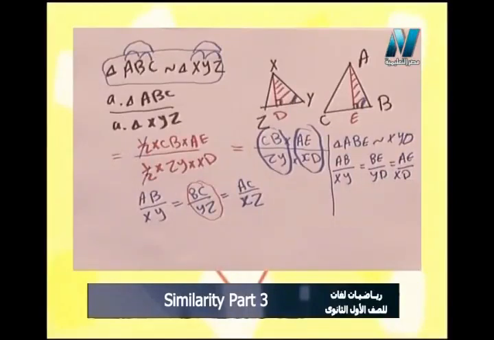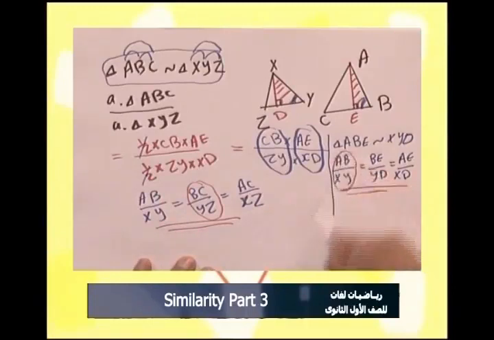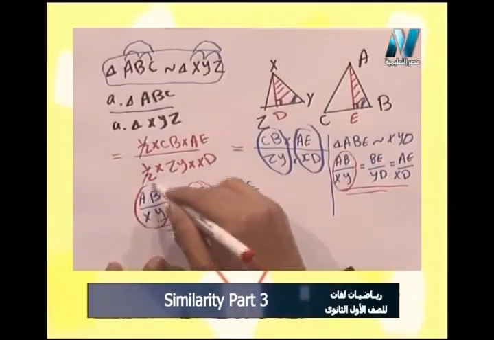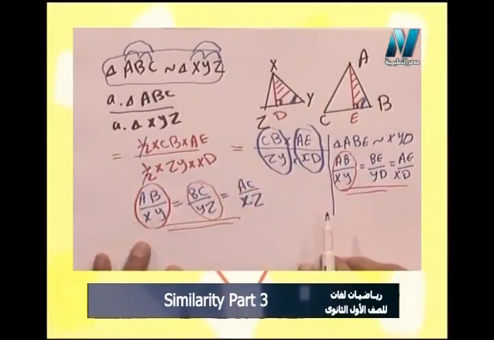If we compare the two triangles here, the two ratios, we will find out that AB over XY exists here and AB over XY exists here also.